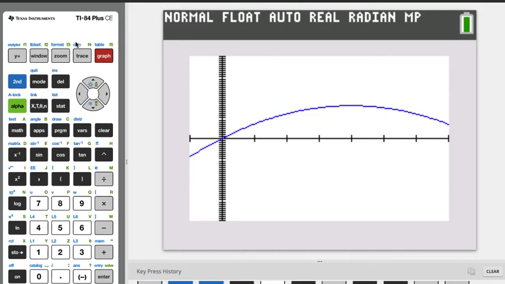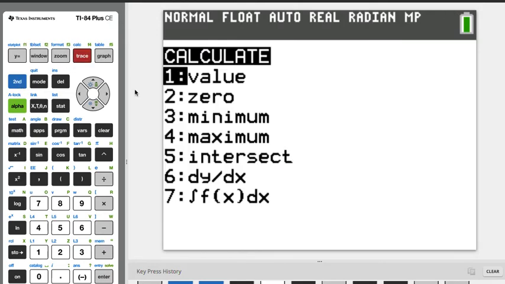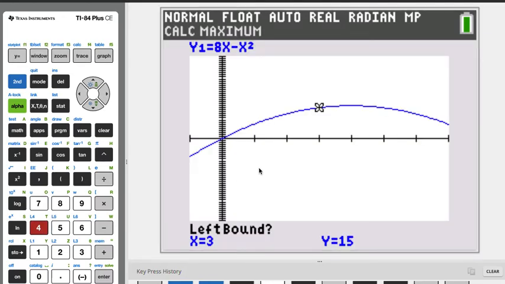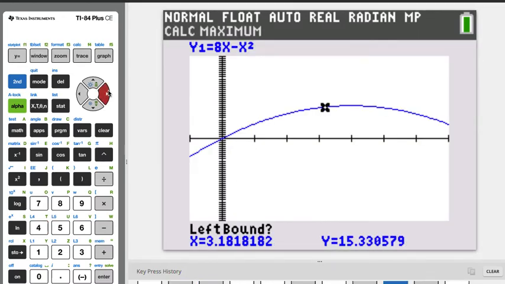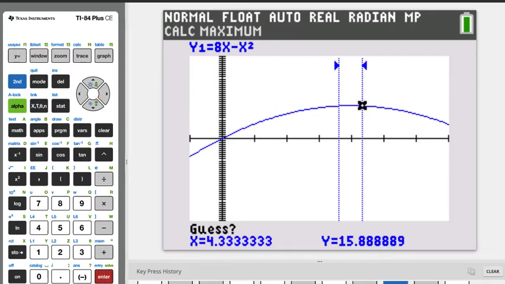is we want to go up to our calc. So we're going to go second calc, and we want to find the max. So just press the number 4, and it's going to have you find the left side. So we want to go to the left side. So let's say right there. You have to be able to see where the max and min is. The right side is there. It's going to say guess. We're not guessing.